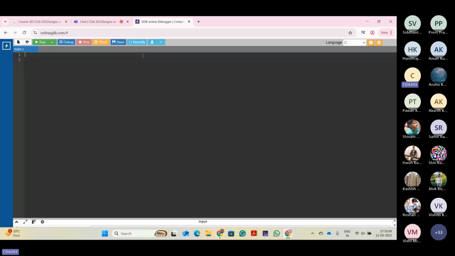Oh, there is one more thing I forgot. There is another header file for strings that helps us. Okay, we will see.